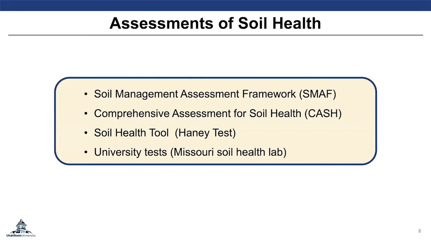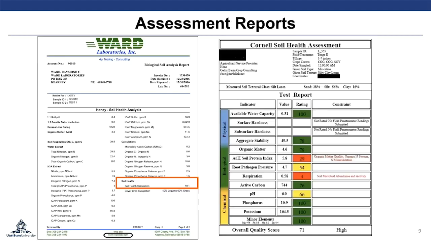But commercially available, we have the Comprehensive Assessment for Soil Health, which was developed by the Cornell University Soil Health Lab. There's also the Haney Soil Health Tool, which many of you know. The NRCS will cost share that for you. And then also many other universities, for example, Missouri Soil Health Test Lab, you can send samples into them and they'll assess your soil for you as well.